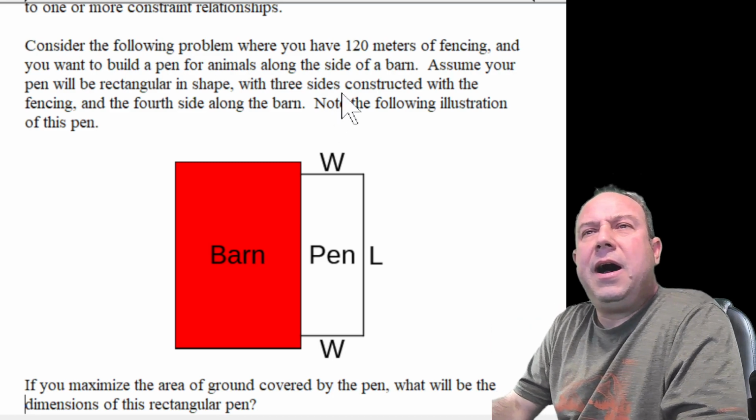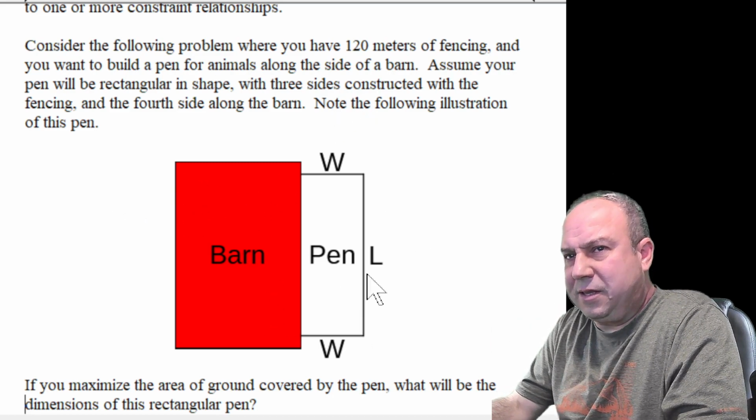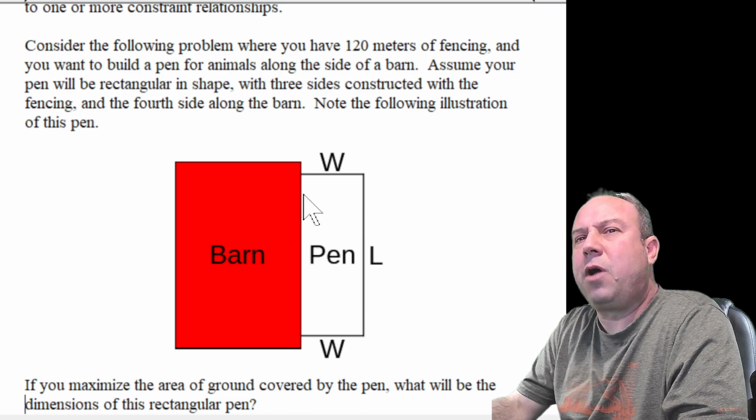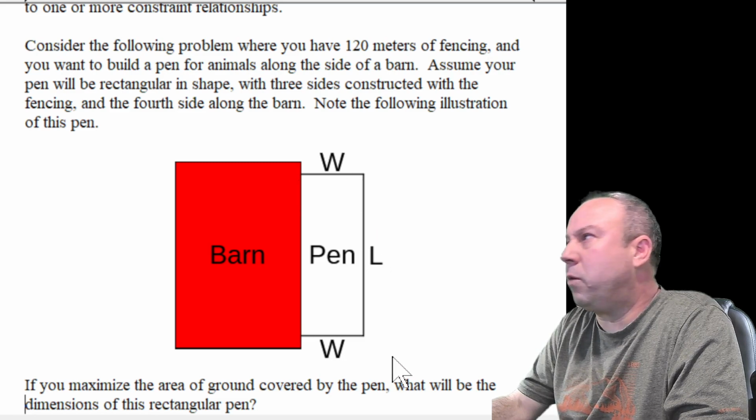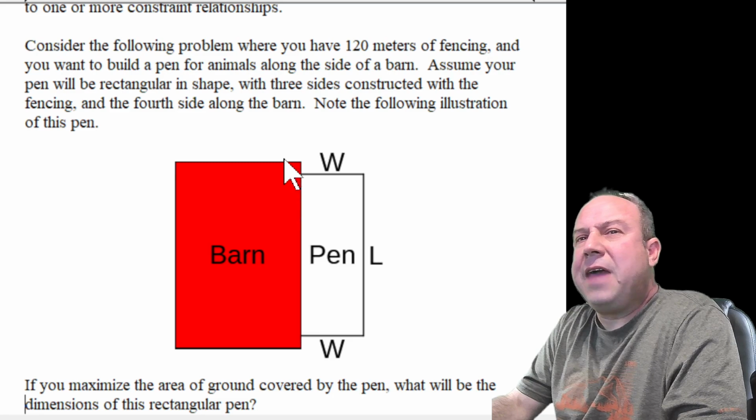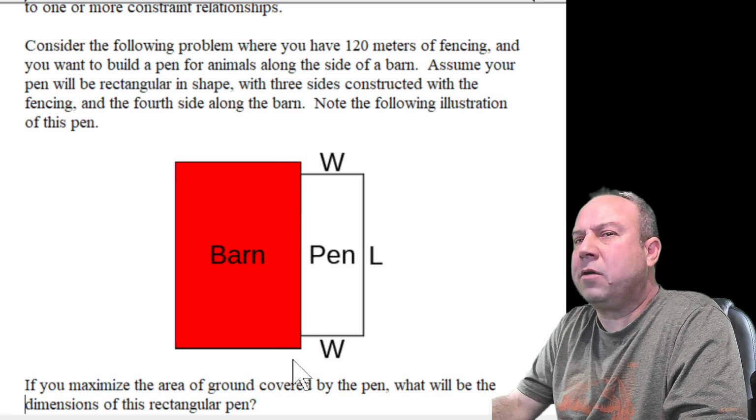And we can consider setting up the situation in this manner here, where our pen is going to be rectangular in shape, where these three sides are going to be formed with the fencing, and this fourth side is going to fall along the barn.